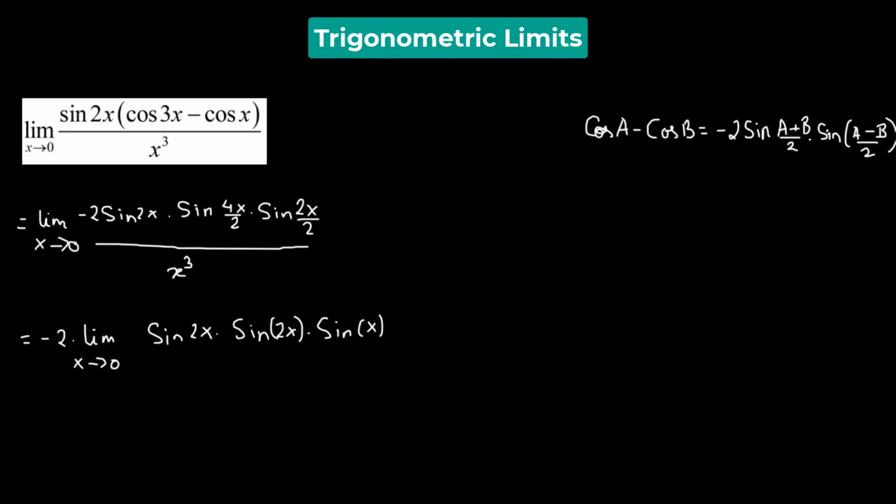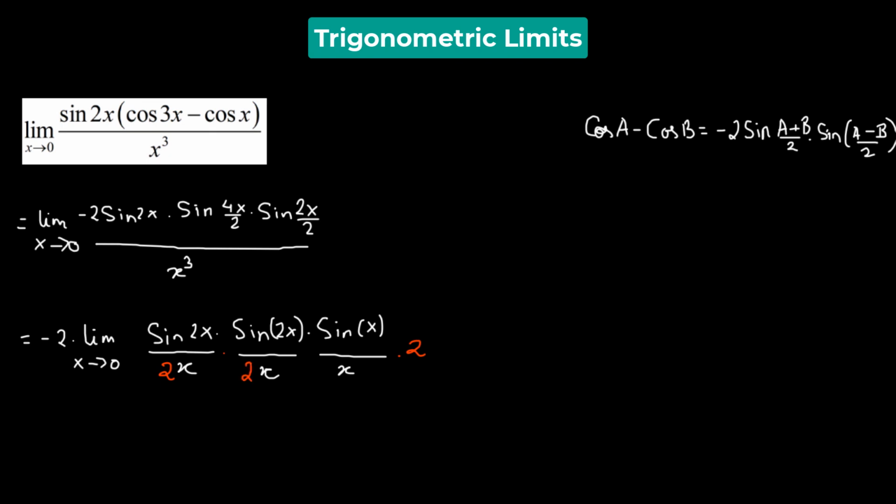Now we have x cubed, so we can rewrite x cubed as x times x times x, which will help us to determine the limiting value. Now for the function sine 2x, we need to have a 2 in the denominator, so we multiply x by 2, and that means we have to multiply 2 to the entire function.